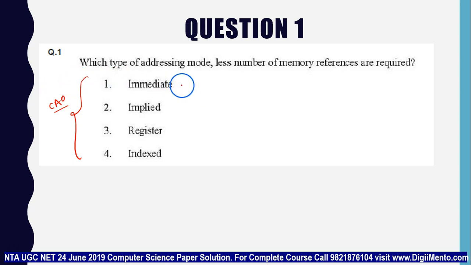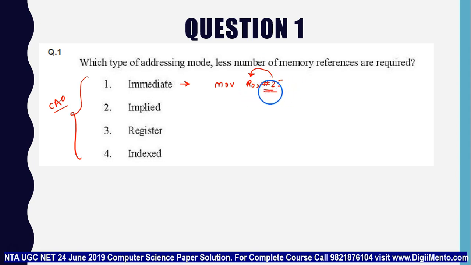The first addressing mode here is immediate addressing mode. In immediate addressing mode, your instructions are generally like this. For example, you have the instruction MOV R0, #25. In immediate addressing mode, we give the value with the hash symbol. So this is the exact value 25, and this exact value will be transferred onto the register R0.